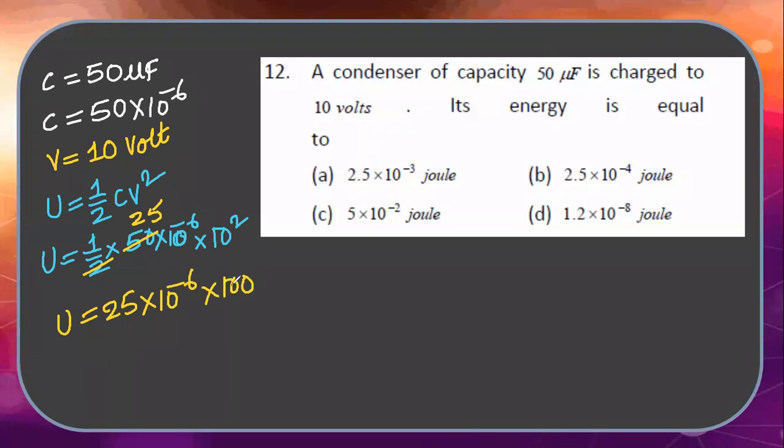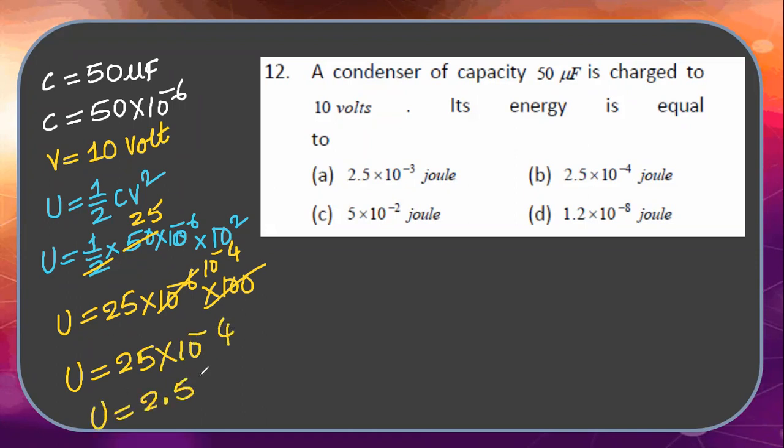So this will be 10 power minus 4. U is equal to 25 into 10 power minus 4. Otherwise, U is equal to 2.5 into 10 power minus 3 joules. A option is correct.